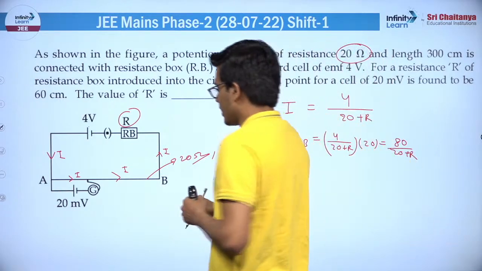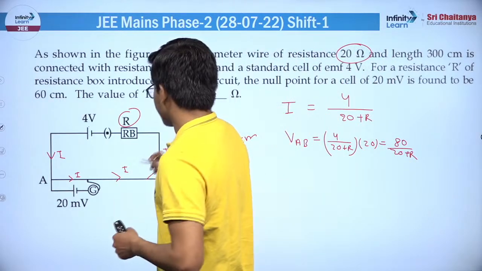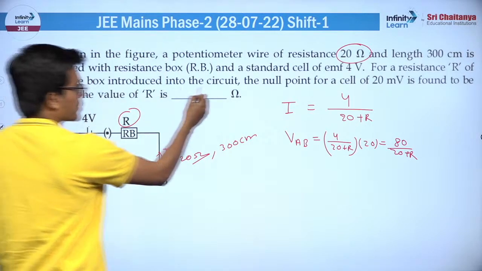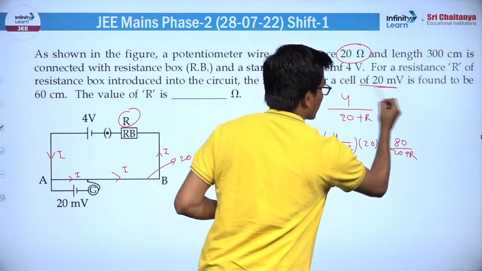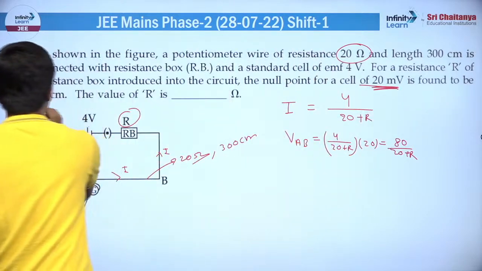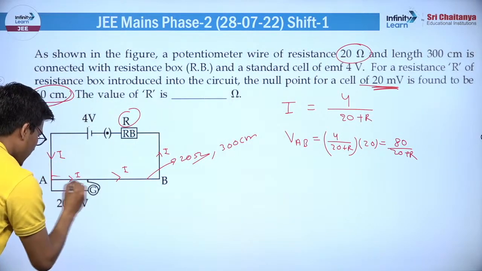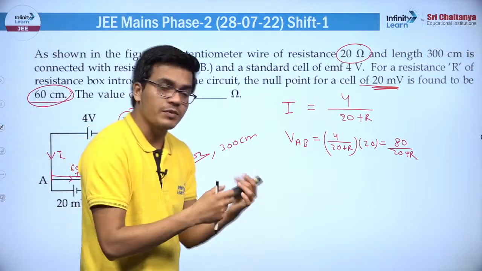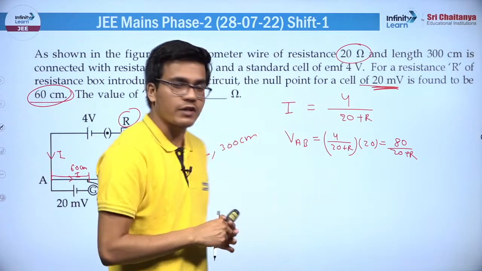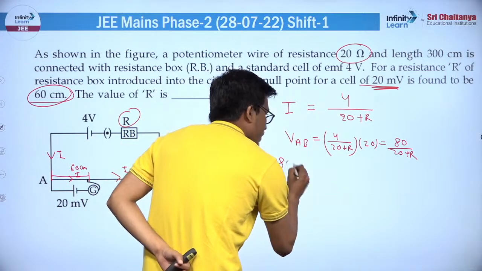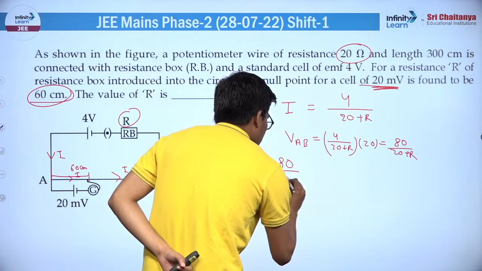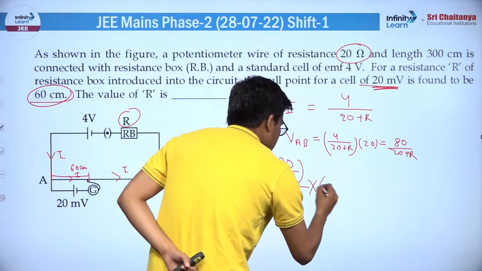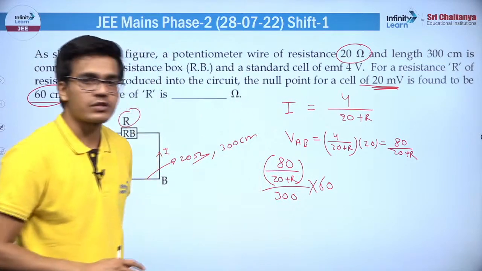All right, now the value of R we have to find, and the next question says the box introduced into the circuit, the null point of 20 millivolt is found to be 60 centimeter, means this length is 60 centimeter. So in 300 centimeter, this is the potential difference. So in 1 centimeter, or you can say the potential gradient will be this, and in 60 centimeter, this will be the potential difference.